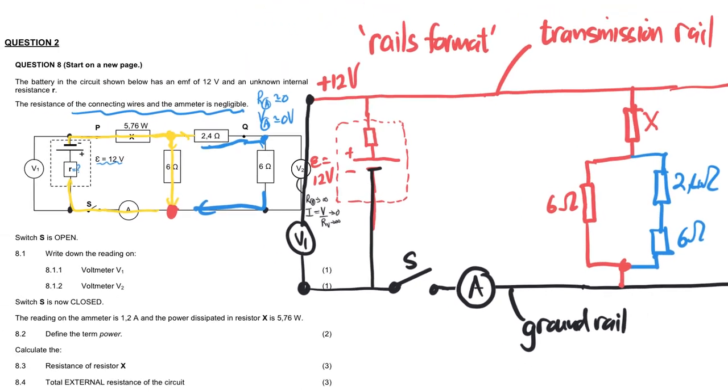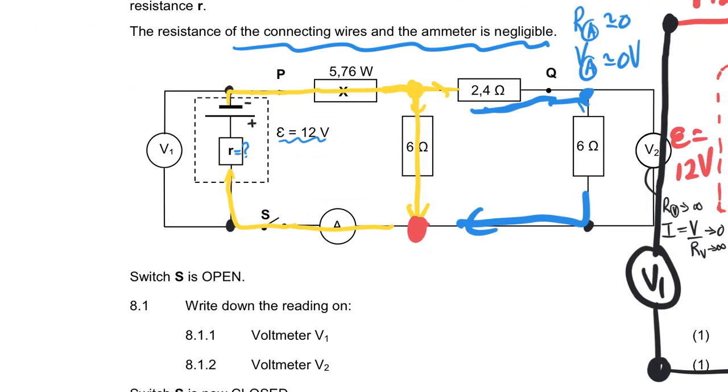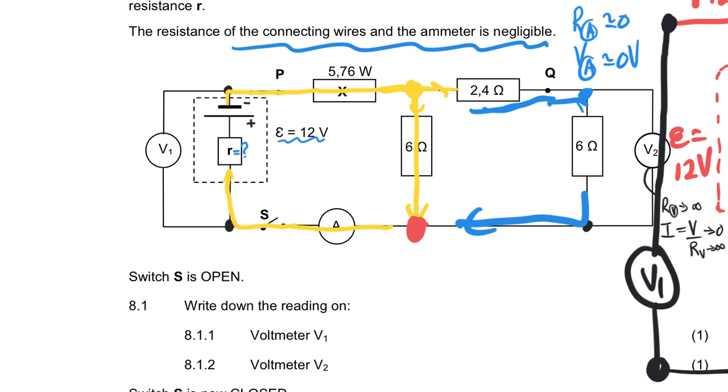What is important here, and it's important when the switch is open, is that V1 is connected on this side of the switch and not on that side of the switch. Because if it was on this side of the switch, then the voltmeter would not read anything when the switch is open. But because it's connected to the left of the switch on the side of the battery, it's going to read the EMF even when the switch is open.